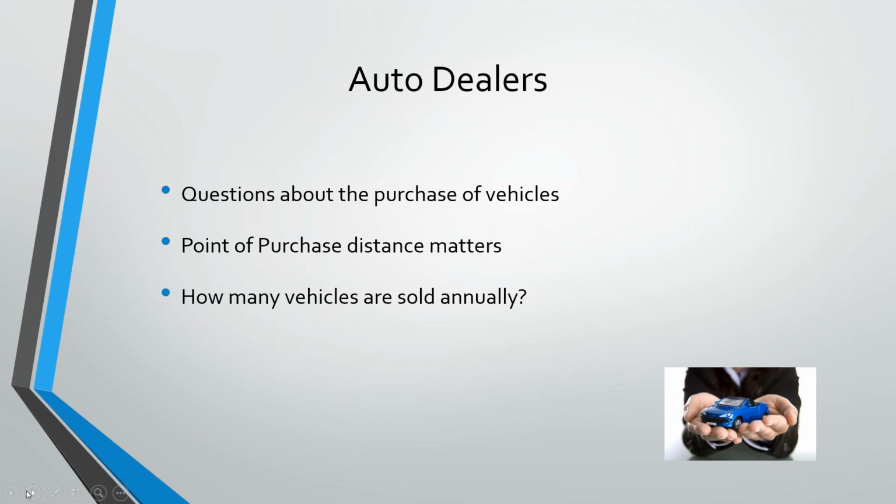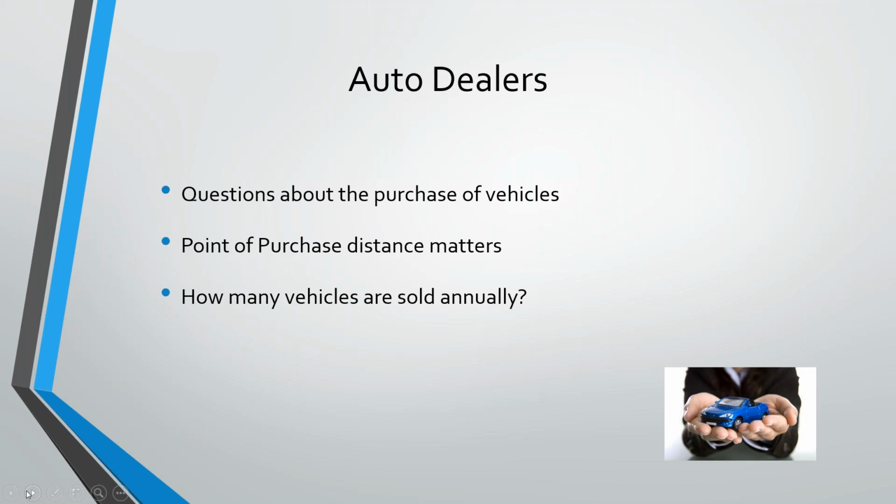Okay, and so now we're going to separate it out, and we are going to talk specifically about auto dealers. And everyone, I mean, these small independent auto dealers are everywhere, and so there's a lot of opportunity to sell auto dealers. So Teresa's going to talk about questions about the purchase of vehicles.